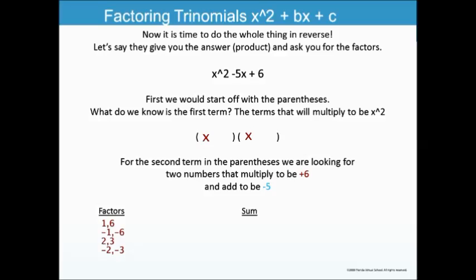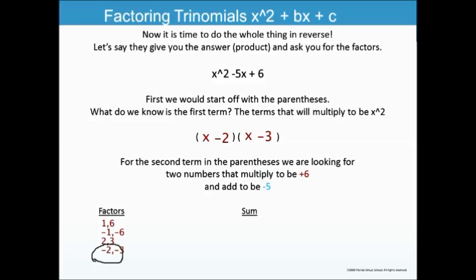Now we need to look at our list and decide which two of those could be added together and give a -5. If you guessed our last set here, -2 and -3, you are correct, because -2 and -3 would be combined to give -5. So my last step is just to simply write those factors into our sets of parentheses here.